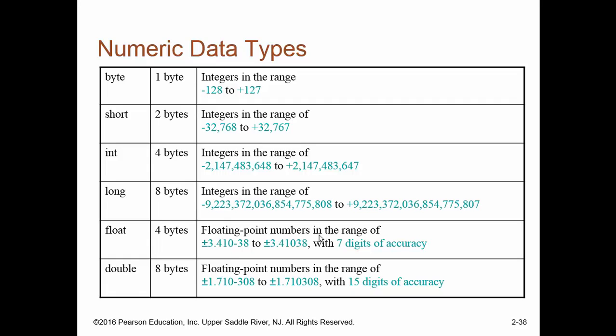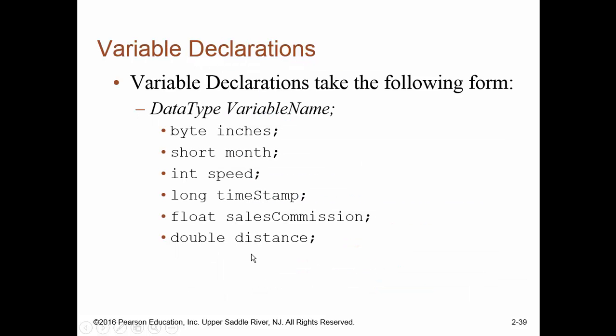Float and double, notice the big difference. Double has 15 digits of accuracy, and a float has only 7. This goes to the 38th power. This goes to the 308th power. All right. So typically when you create variables, they'll be like this. Okay.